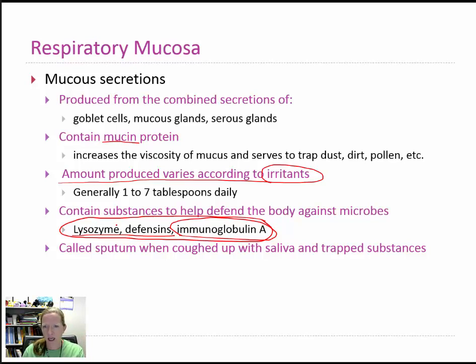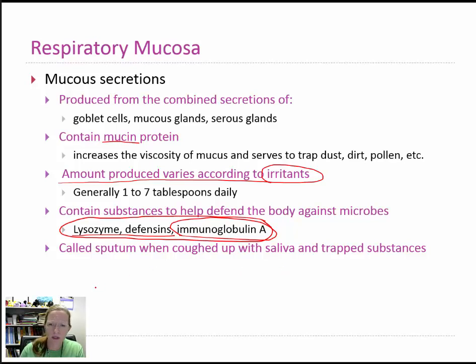Lysozyme and defensins are antimicrobial, antibacterial proteins that are going to help fight off microbes as well. So it is really good that the mucus is going to trap all of this in so it can help defend against any microbes. It's called sputum when it's coughed up with saliva and trapped substances.